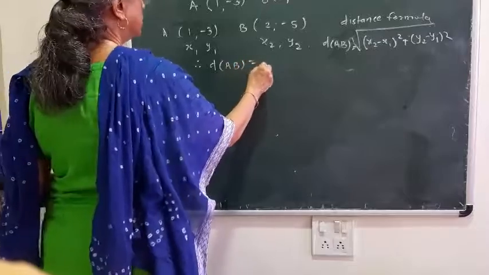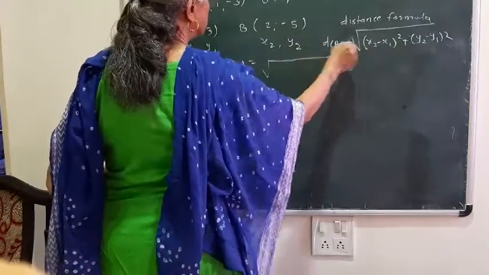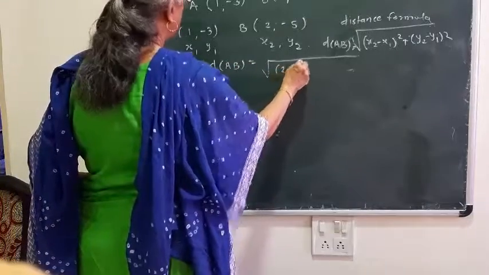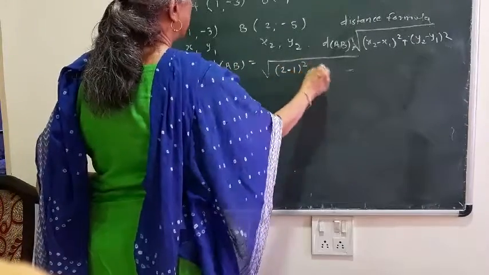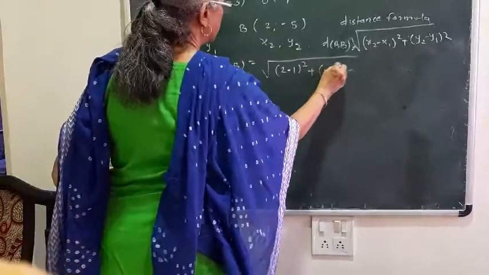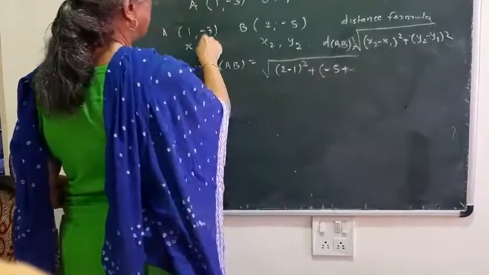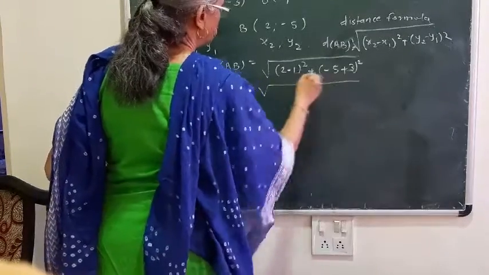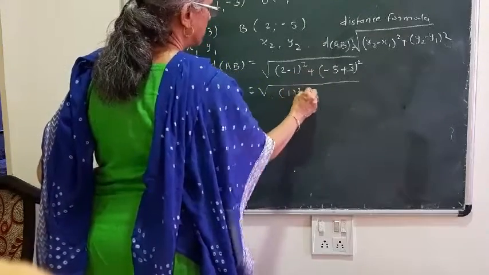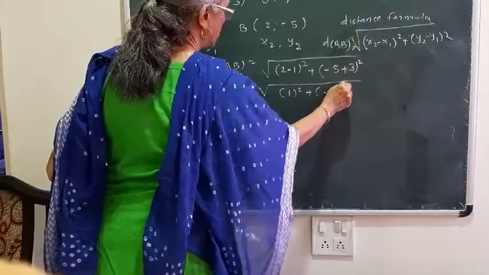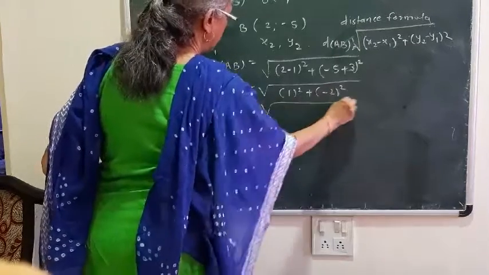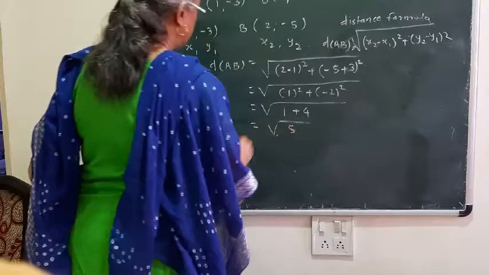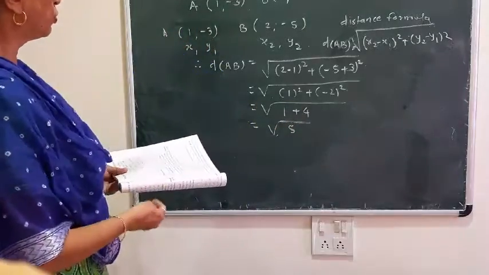Now we put the values directly. x2 minus x1 is 2 minus 1, bracket square, plus y2 minus y1. This minus y1 will become plus 3. So that will be 2 minus 1 is 1 square plus here minus 2 square. So that will be 1 plus 4, so that will be root of 5. So we have DAB equal to root 5.